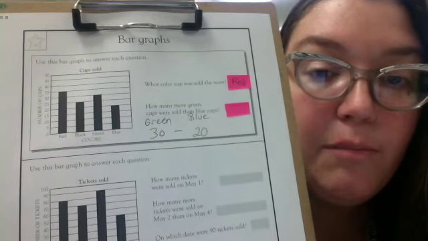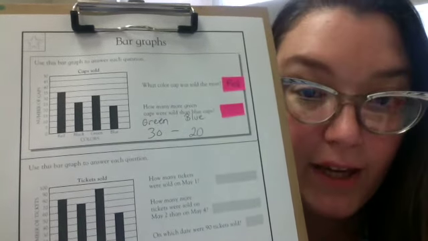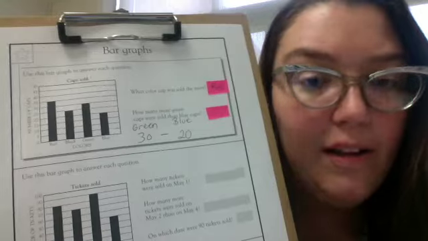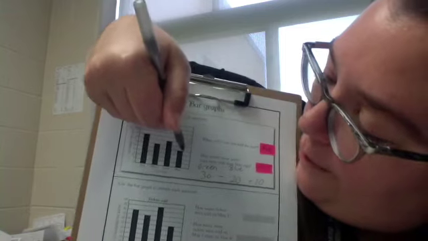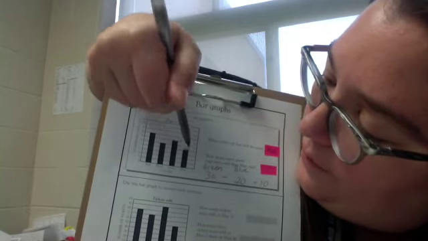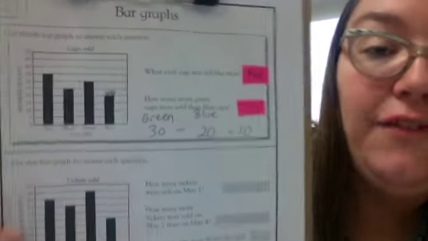I can find that out by finding the difference and subtracting 30 and 20. 30 minus 20. That's going to give me our answer. And what is 30 minus 20? It would be 10, right? So we have 10 is the difference. Let's just make sure that makes sense, okay? So like I said, if I went up 1 bar, that would be 5, because this graph is counting by fives.